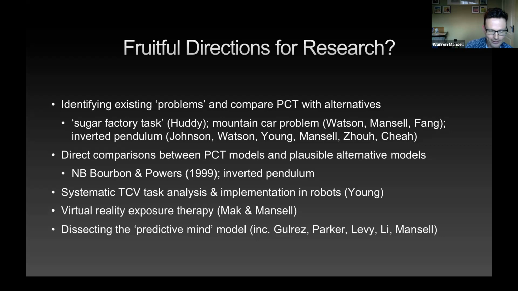Again, it's a piece of technology that interests people, but I would argue it's actually the ideal experimental scenario because you've got continuous measurement of input and output going through the system, in a way that you don't have in a start-stop kind of reaction time task. And finally, it's about going against Goliath, going head on with the predominant model of neuroscience and psychology, which is the predictive mind model.